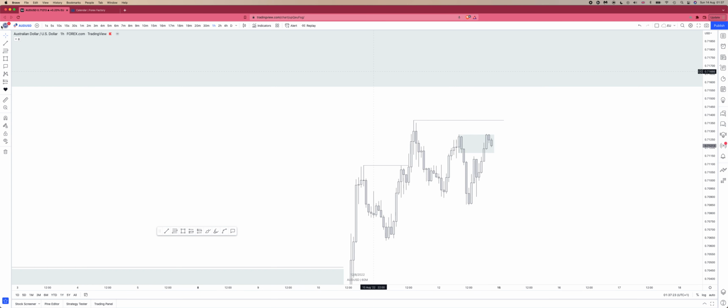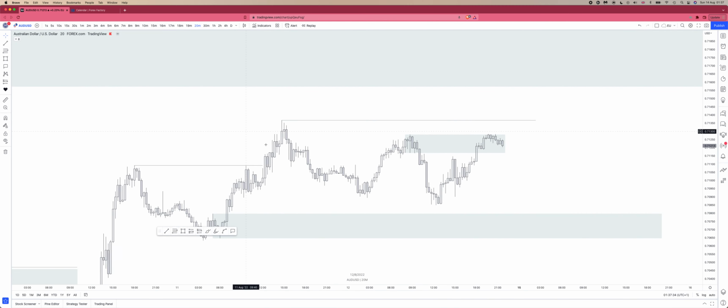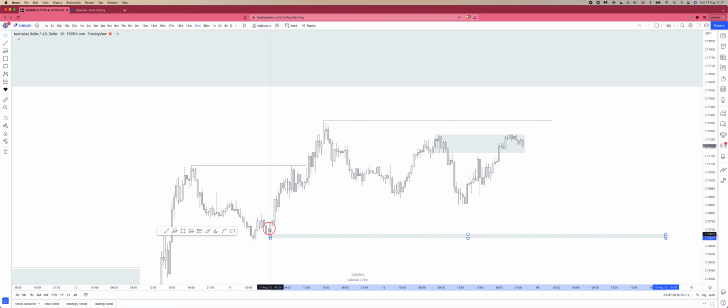Oh no, it hasn't respected it. It's actually wicked it. But then perhaps something here in the demand. Something too clean. Let's look on the different time frame. Ooh, look at this nice little 20-minute wick.